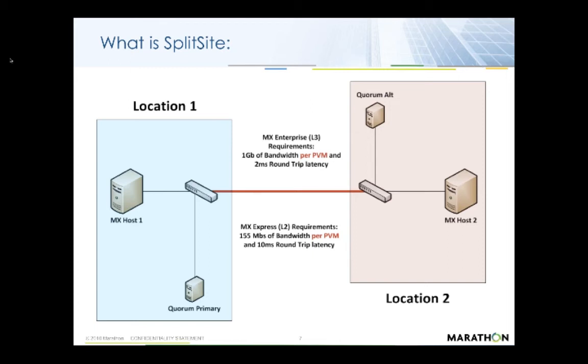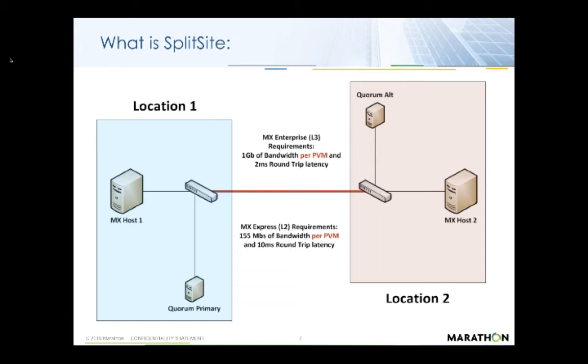And then ultimately, you're going to introduce the concept of a quorum service. What a quorum service is, is a simple, lightweight service that can be run on either a standalone machine or another server that's in your environment. But the reason quorum is so important and is actually a requirement for split site is the insulation of risk against split brain.